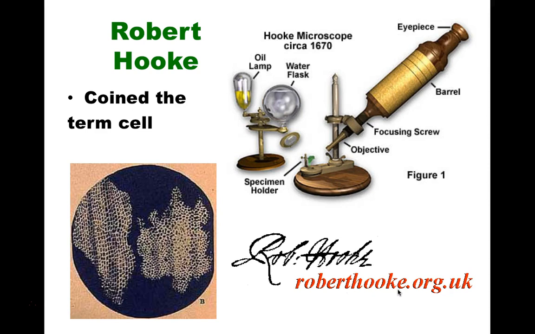We still use that term cell today in a variety of ways, including the fundamental unit of an organism called the cell. And this is where we get that term, from Robert Hooke's description of these spongy, bubbly structures that he saw in this thin piece of cork.